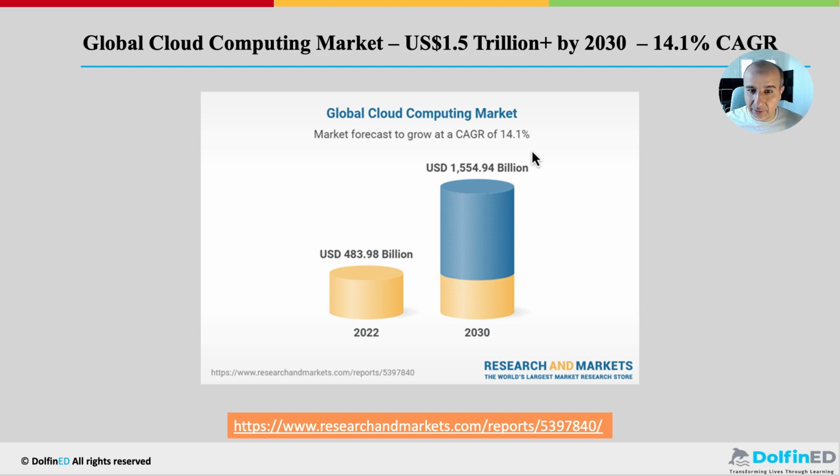If you look at what the analysts are forecasting, you'll find that the global cloud computing market is going to triple by 2030, at a very high annual growth rate, to $1.5 trillion. $1.5 trillion could be the revenue of so many companies combined, and I'm talking about huge companies combined to make that number.